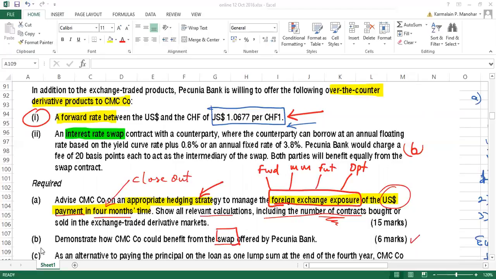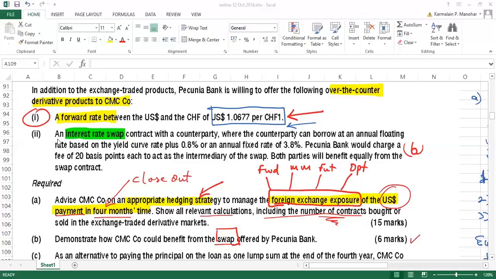Part B clearly says it simply needs us to demonstrate how CMC Co could benefit, and all we have to do for that is our short working, which we did in class, illustrating how much the benefit could be. Let us look at the question scenario again and see if there is any stipulation as to how the benefit from the swap would be shared with the counterparty.